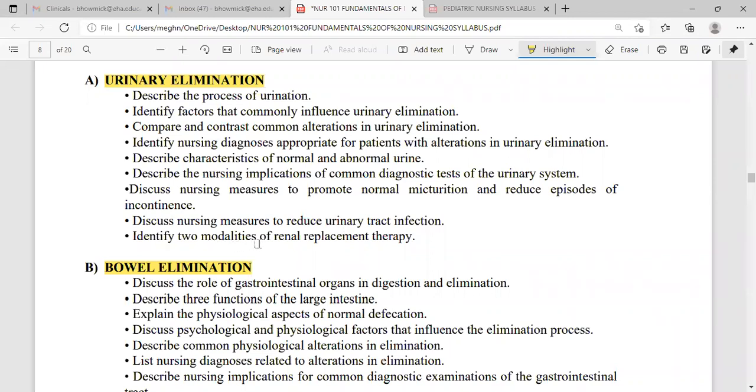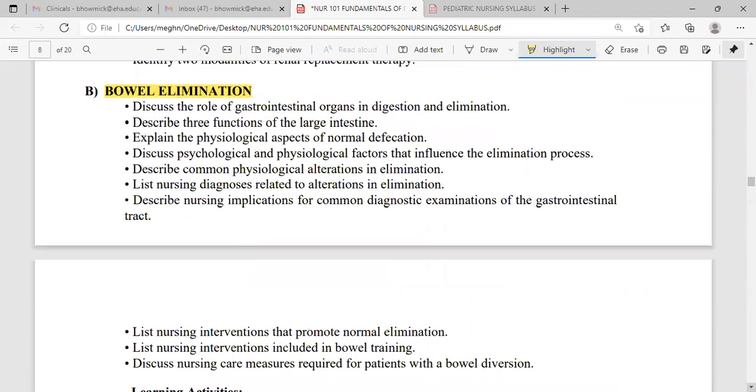Identify two modalities of renal replacement therapy, like dialysis or kidney transplant, and how to take care of them. Bowel elimination: describe the role of gastrointestinal organs in digestion and how they participate in forming the fecal material to be eliminated or expelled out.